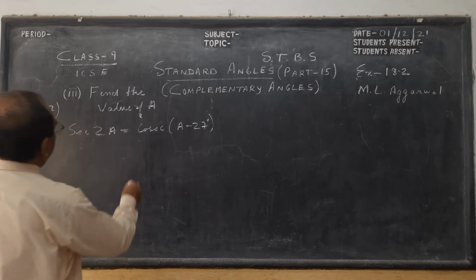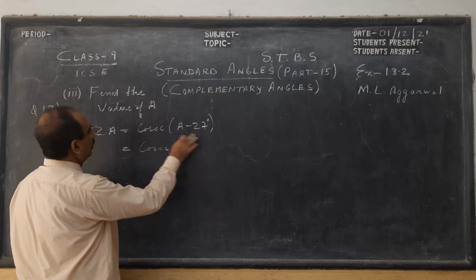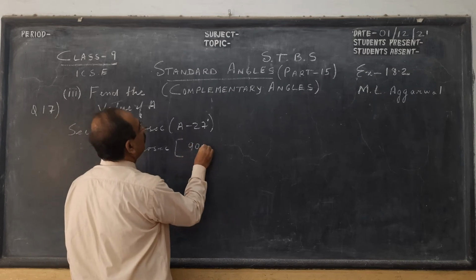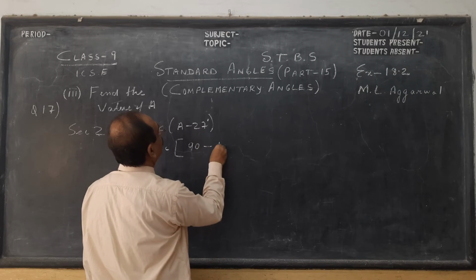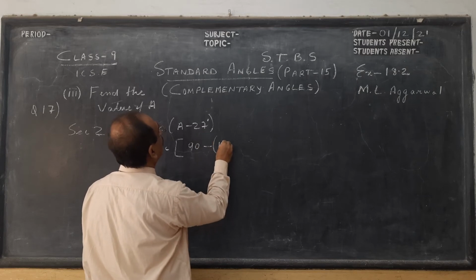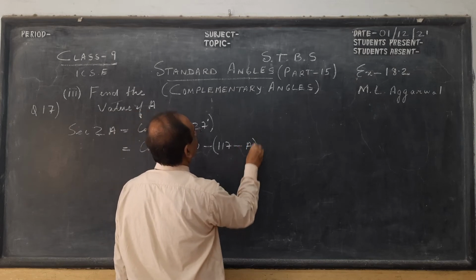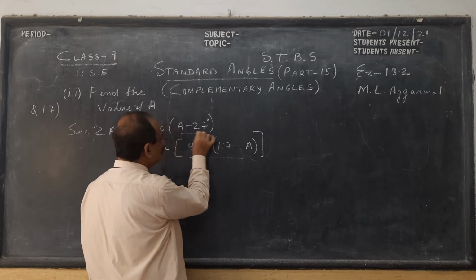In the same way, children, cosec we have to write as 90 minus something, then it will become sec. So see this part, 90 minus, okay, here I want minus 27, so it should be minus 117 minus a. Try to see whether this is equal to this or not.